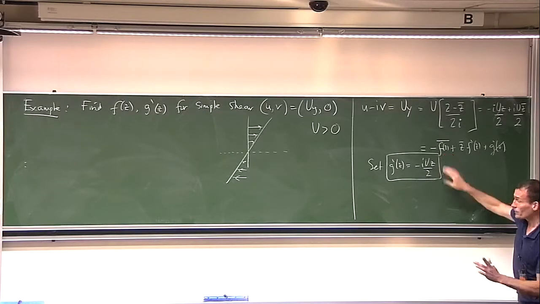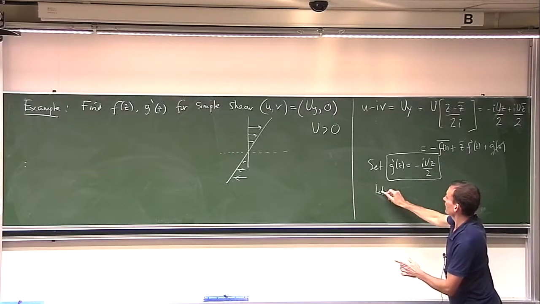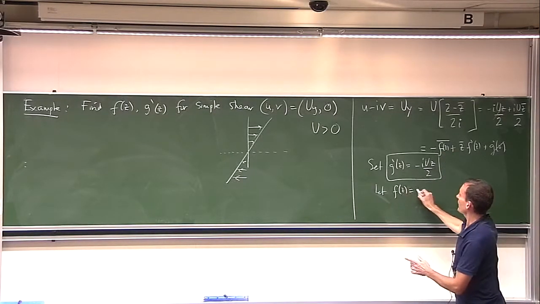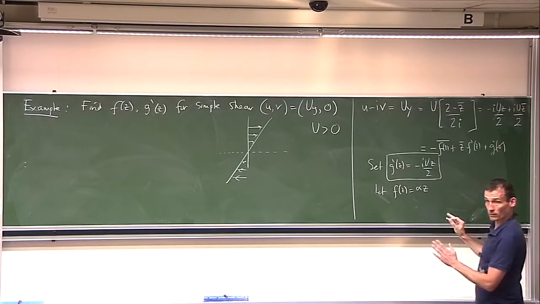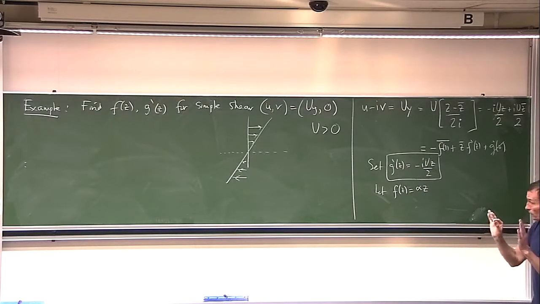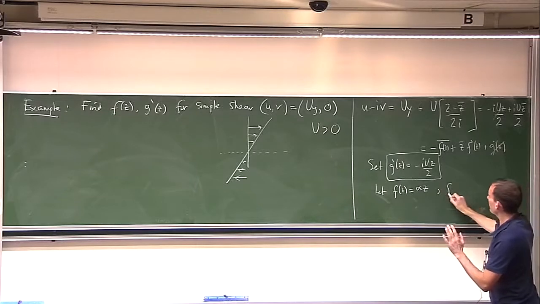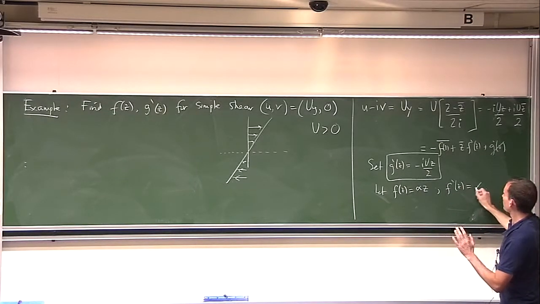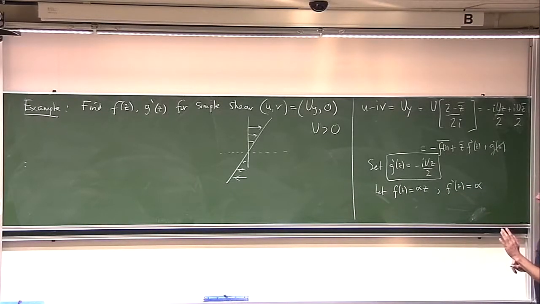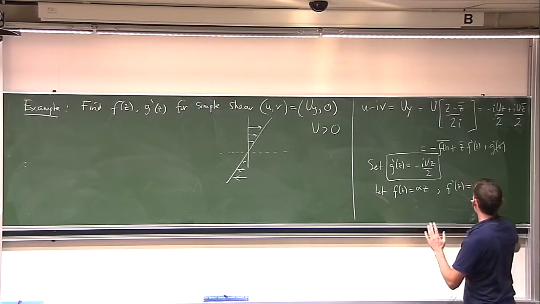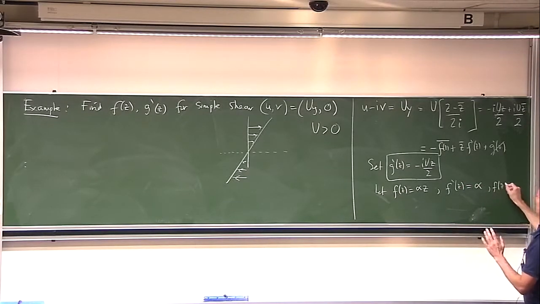So in other words, let's let f of z be alpha z. Remember, it's got to be an analytic function, but you can see then that f prime will be alpha, and f of z bar will be alpha bar z bar.